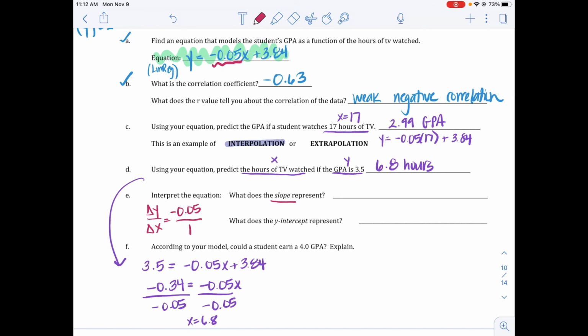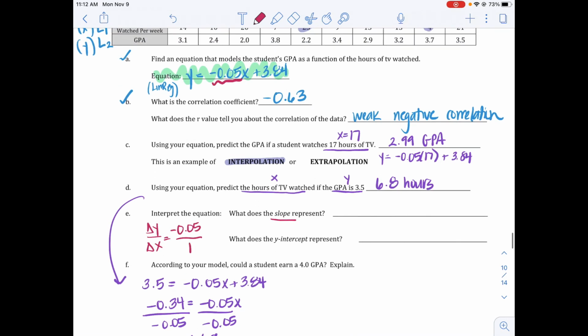The other really important piece about this is to look at our units. So for y, my units are GPA. And for x, we're talking about hours of TV. Okay, so what does the slope represent? Well, let's literally interpret this. So what it's saying is the GPA decreases, because it's negative, 0.05 per, which is the division part, per 1 hour of TV.